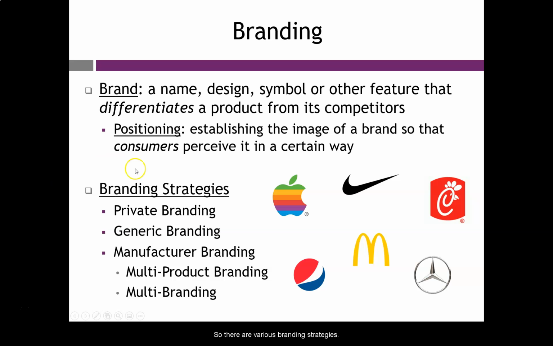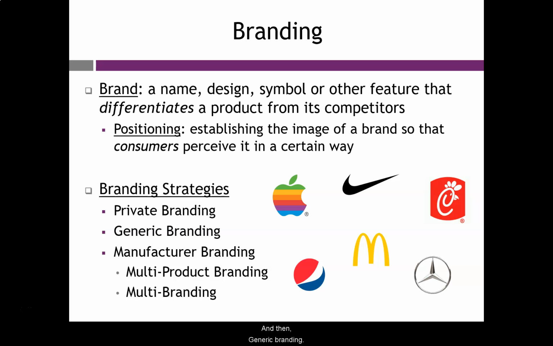So there's various branding strategies. The first two here, private and generic, they're more niche strategies. You may have heard the term private brand, generic brand, so I just wanted to detail what they are. A private brand is something like Harris Teeter soft drinks, Safeway brand peas, just a private label or a store brand, as opposed to a more standard brand name like Campbell's Soup or Kellogg's Fruit Loops.